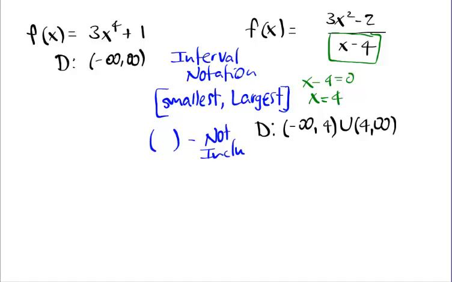So all your friends get to play and you don't, you're not included. You use parentheses. You use brackets if you are included. So if this is a number that works, we use brackets. If it's a number that doesn't work, we use parentheses. So go back to 3x squared over x minus 4. On this problem, the number 4 doesn't work in the denominator. Okay? So I can't include it in my domain. And if it's not included with interval notation, I use parentheses.